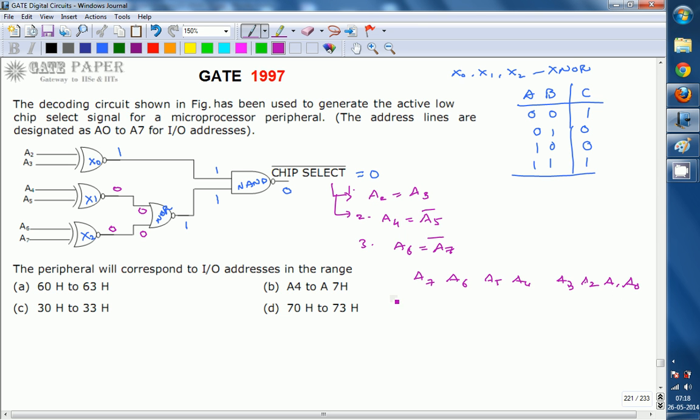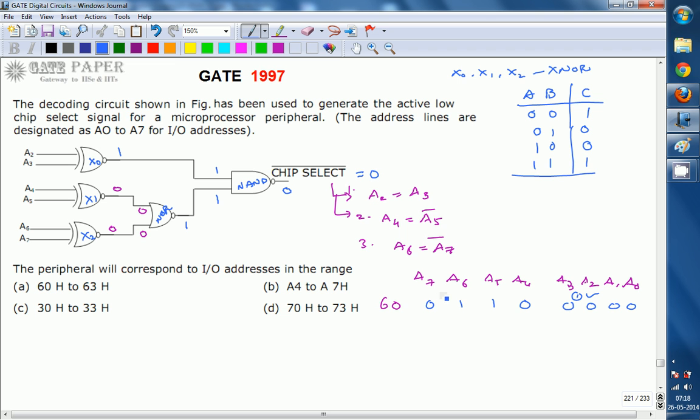First we check 60, since the range is 60 to 63. 60 is 0110 0000. Checking the conditions: the first condition, A2 equal to A3, is satisfied.